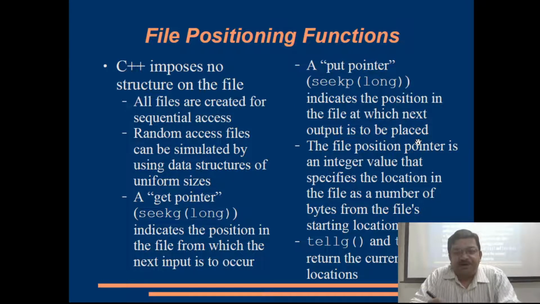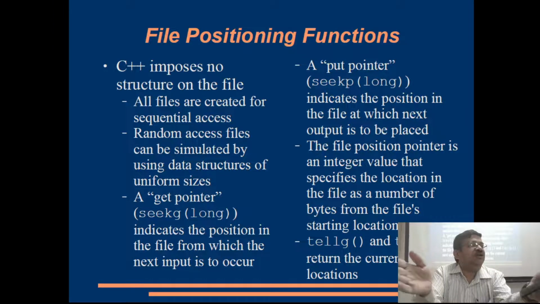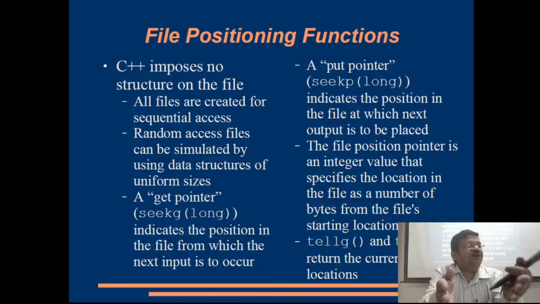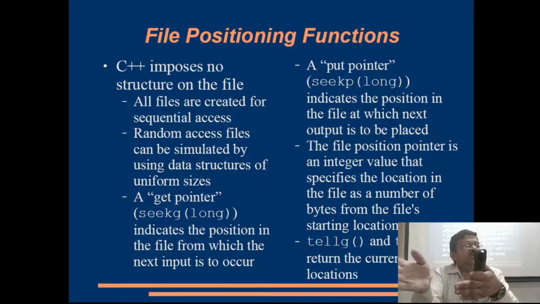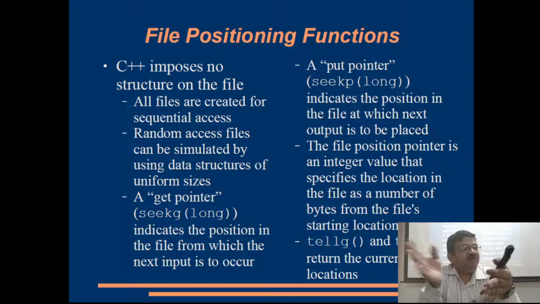The file position pointer is an integer value that specifies the location in the file as a number of bytes from the file's starting position. So what is a file? A file is only a position in memory. It points to some memory address in the storage. So you only need to go a certain number of bytes away from that starting point.